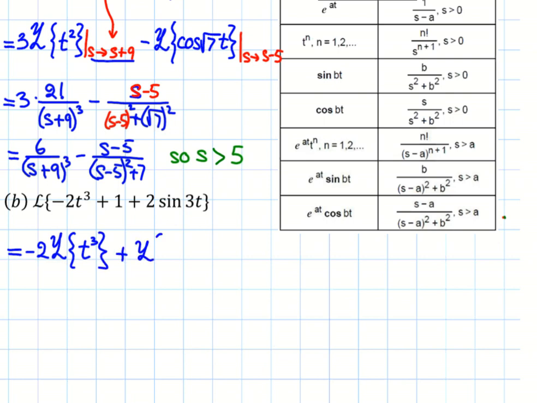We can write the Laplace transform of a little function like this. And then we just have the formula. T cubed is going to be 3 factorial over s to the 4th.